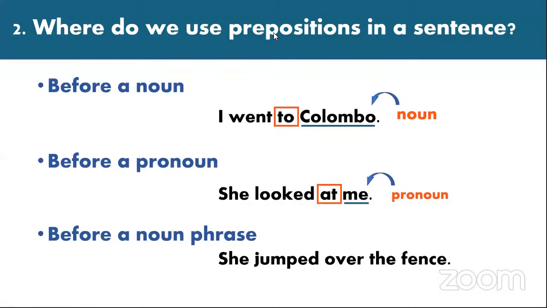Then try to identify the preposition. It's over. Then the fence is the noun phrase. So in this sentence, the preposition over is used before the noun phrase, the fence. Okay.